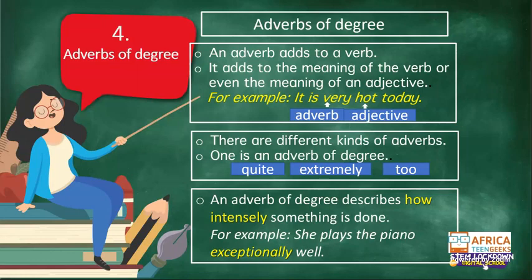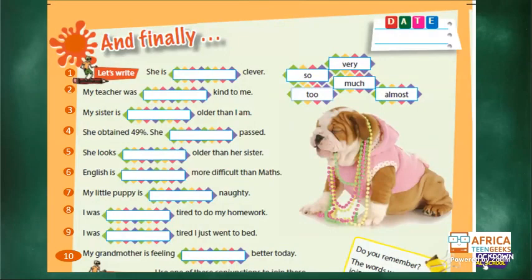Okay, got it. So let's see if you can add adverbs of degree here. There's 5 adverbs of degree on the right-hand side: very, so, too, much, and almost. You're going to use those a couple of times. Let's see how you do. Fill in the right adverbs and I'll give you a bit of time.